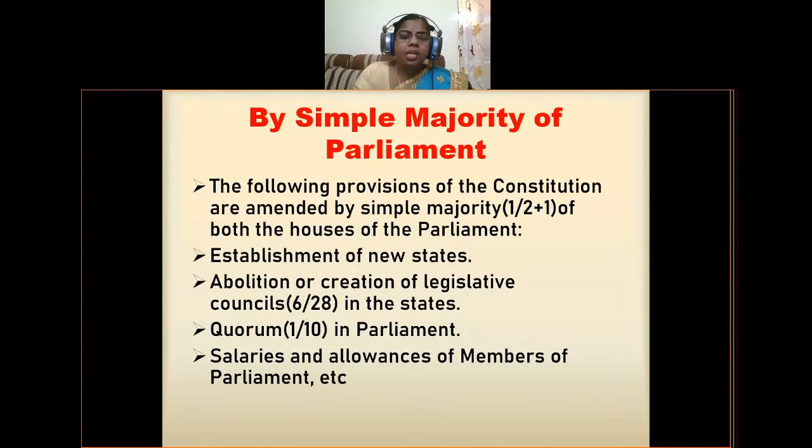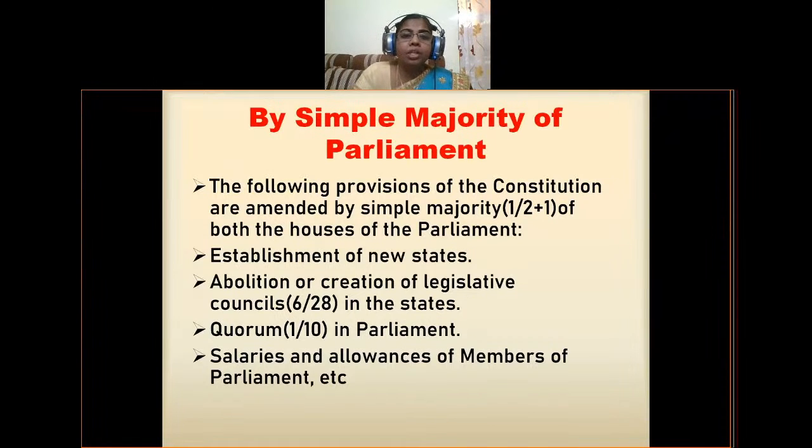Some examples: first one is the establishment of new states. We already have 28 states in our country. If another state should be established, it can be done by the simple majority of both houses of Parliament.